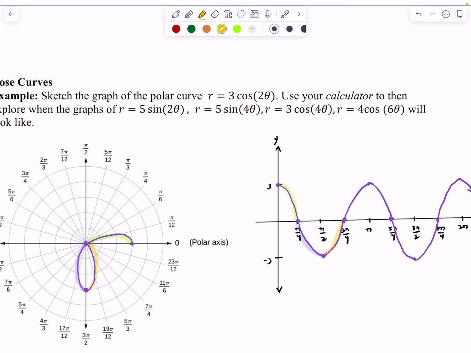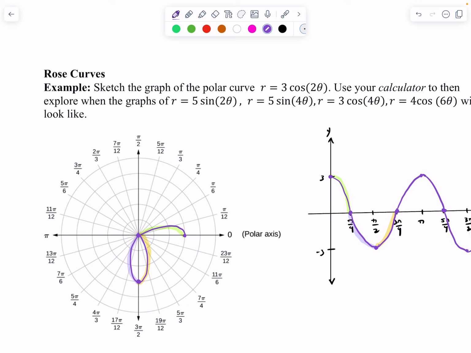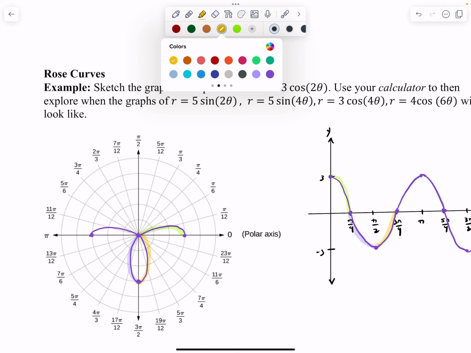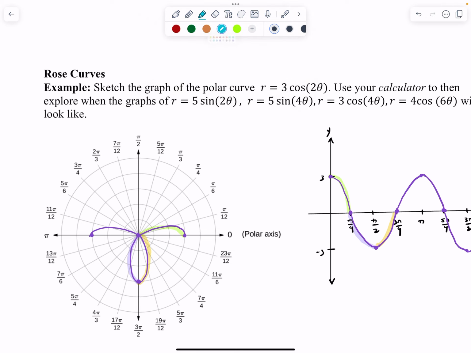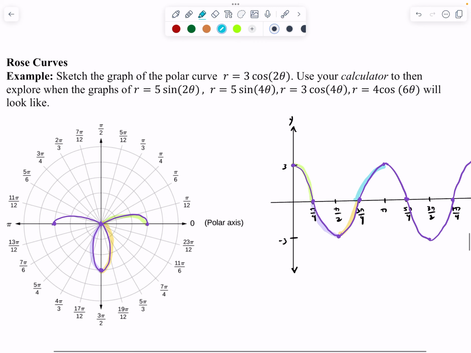Okay, and then between 3 pi over 4 and pi, r is positive again, and we're going up to 3 at pi. R is positive between 3 pi over 4 and pi, so like that. Do blue. Kind of tedious.